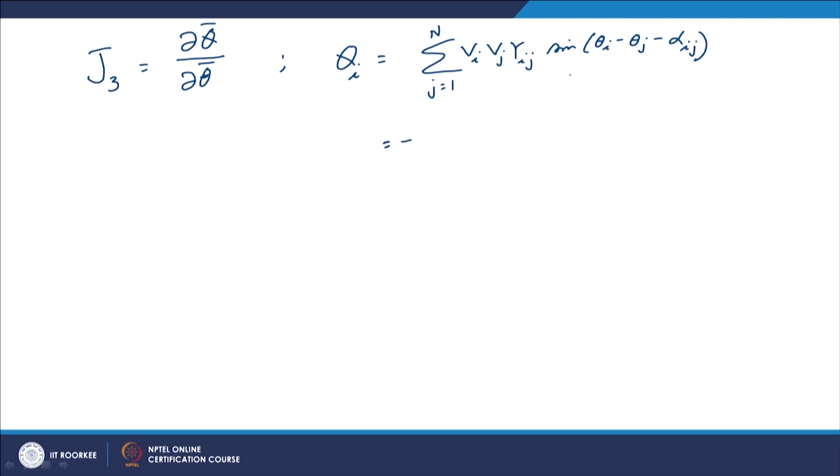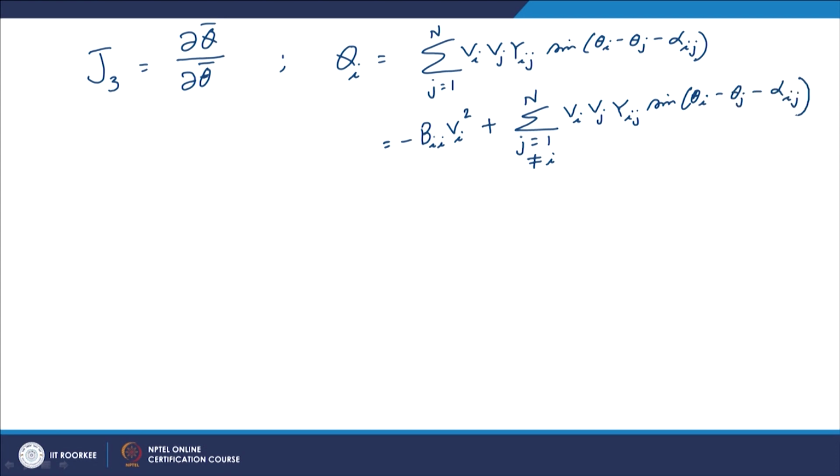So, Vi square minus Bii Vi square plus the sum over j equal to 1 to n, j not equal to i, of Vi Vj Yij sin(theta i minus theta j minus alpha ij).